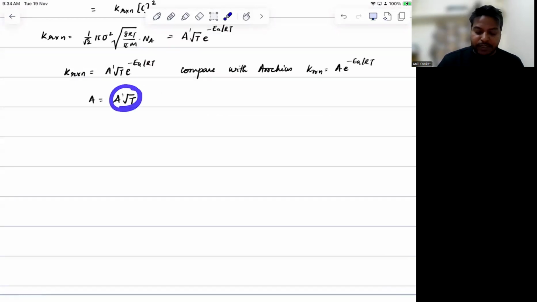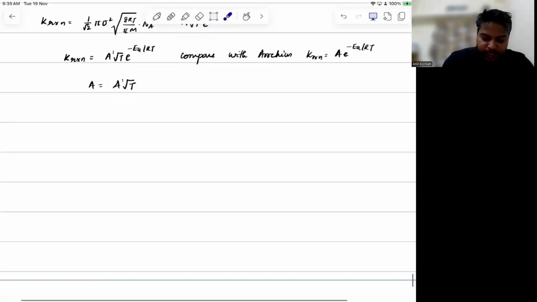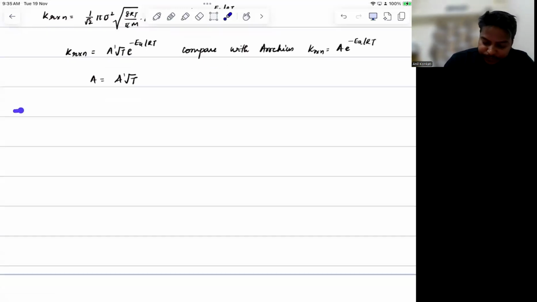A depends on temperature, correct? That's why there will always be a difference between the theoretical value and the practical value. Theoretically we take the Arrhenius equation and calculate various rate constants, but practically, the temperature factor always affects that. And that's why we need to address that here.